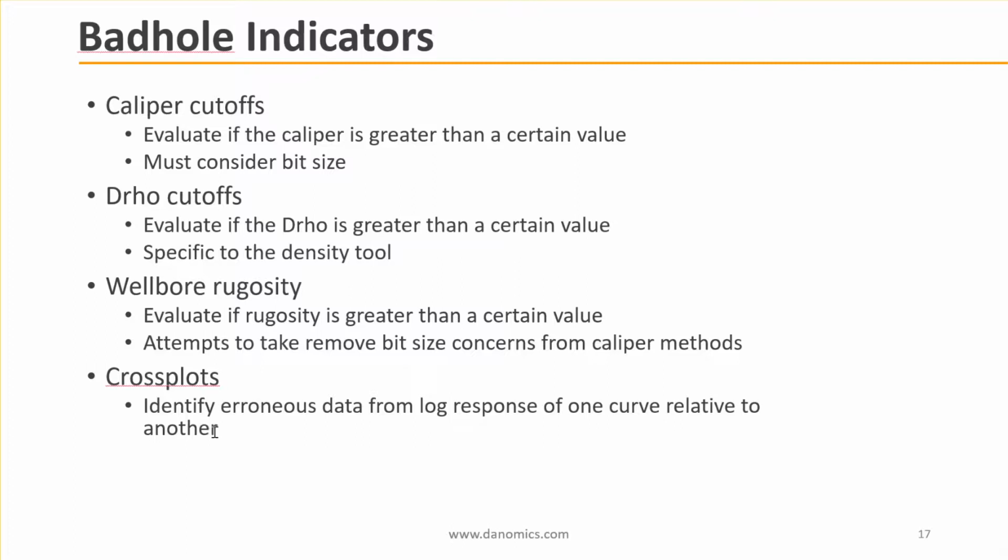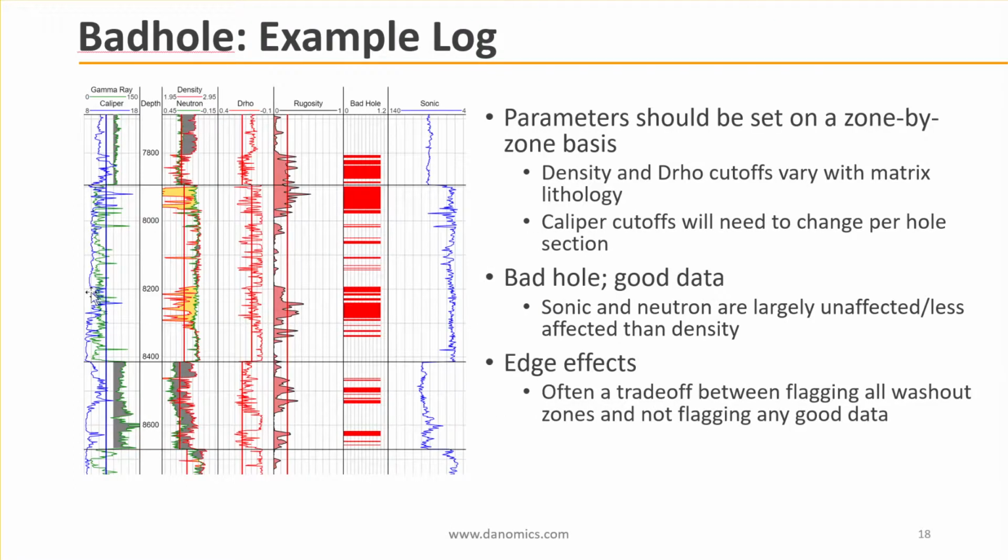We can look at things like wellbore rugosity, and we can also look at cross plots of different curves to see where data is falling off trend. So let's look at an example of this. Here we have an example log, and in this one we can see that there are some suspicious looking zones in the log.